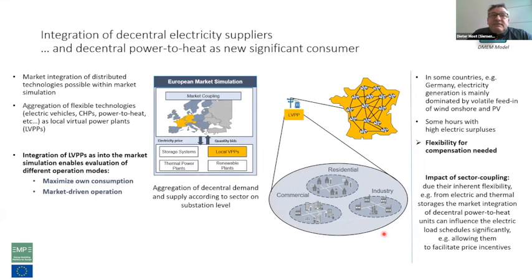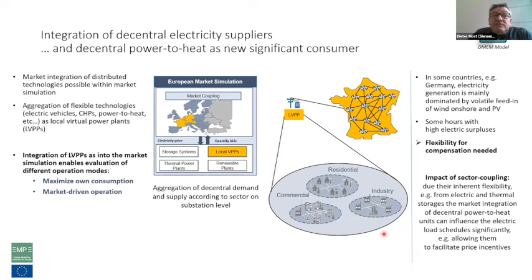The other thing is we have integration of decentral electricity suppliers and consumers, and we are making local virtual power plants out of them. Then we can treat them in a more simplified way, which facilitates the integration of these local virtual power plants in the market simulation.